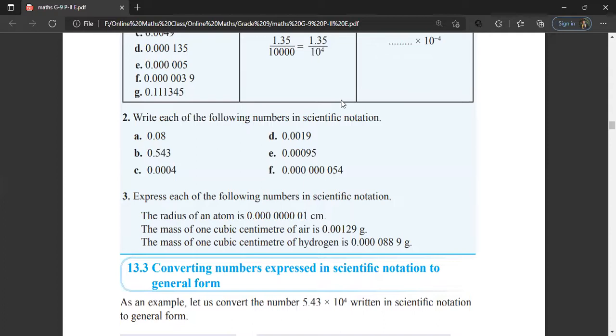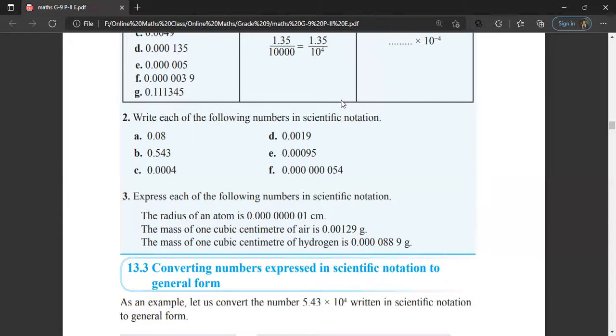Radius of an atom: 1 into 10 to the power minus 9. Are there any other answers? No. 1 into 10 to the power minus 9. That is the answer, right? Very good.